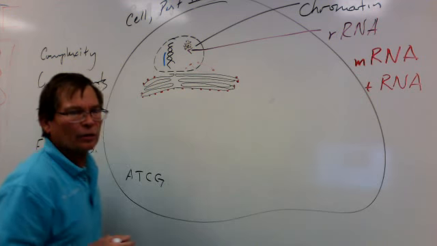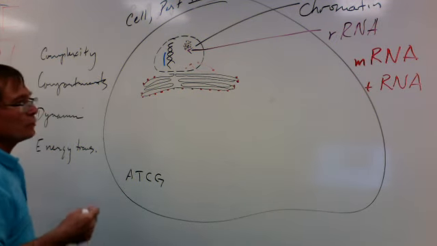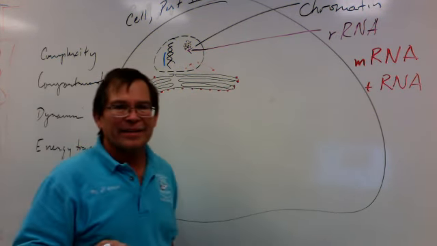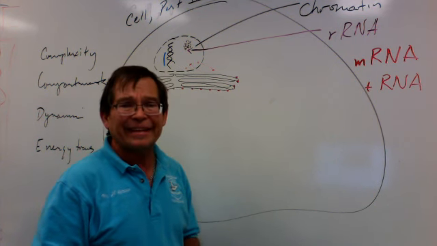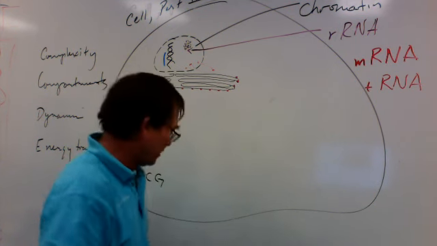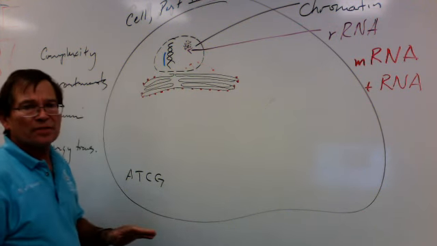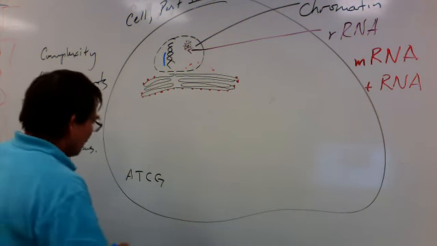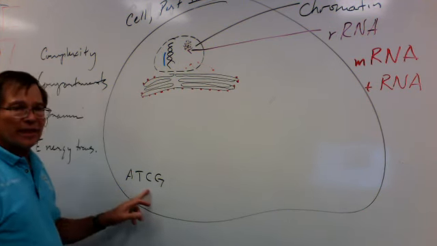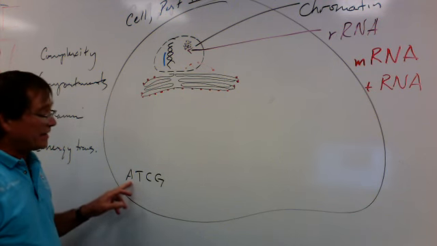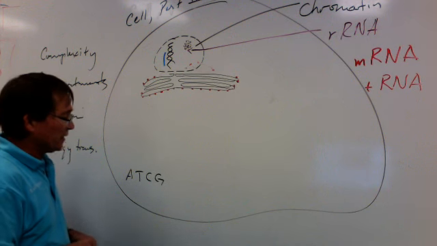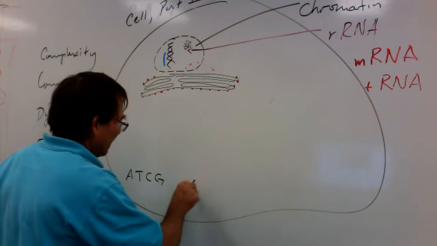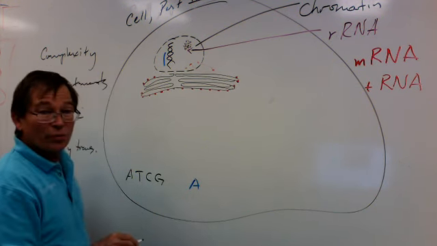Okay? Now, messenger RNA, ribonucleic acid, is slightly different from DNA, deoxyribonucleic acid. So I'm going to outline those basic differences now. As you probably already learned, DNA contains these 4 bases, adenine, thymine, cytosine, and guanine. RNA is slightly different. It has adenine, but no thymine.